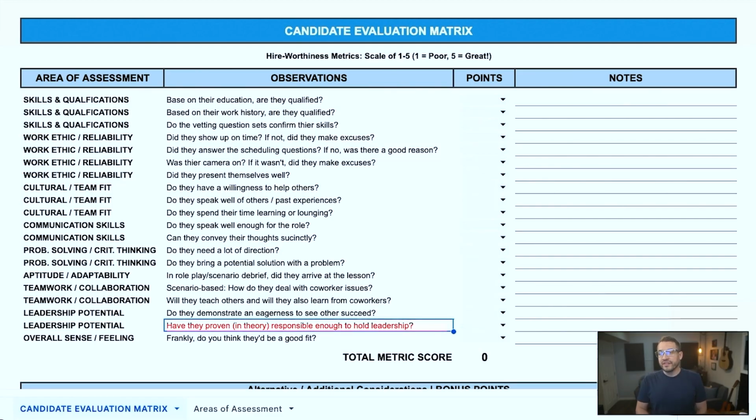Now, have they proven in theory responsible enough to hold leadership? This is theoretical, right? This is just the theory. So you don't know them. You haven't seen them prove themselves in the role because they're not hired yet. But this is where you can ask them questions about how they interacted with coworkers before. Did they have a leadership position? When they had a problem with an employee that they were responsible for managing, how did they approach that, right?